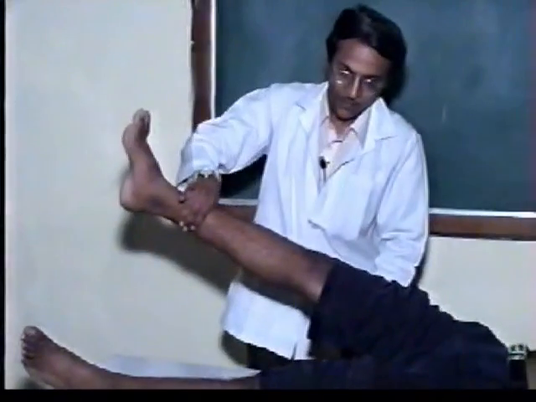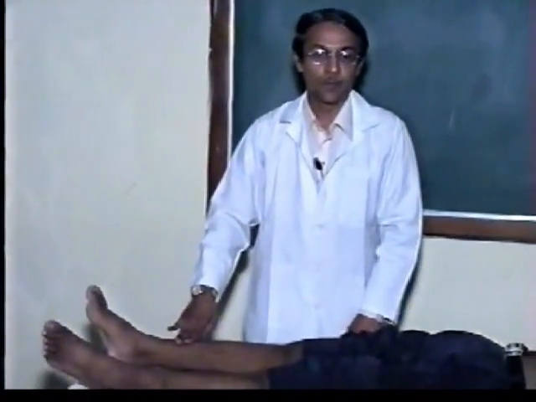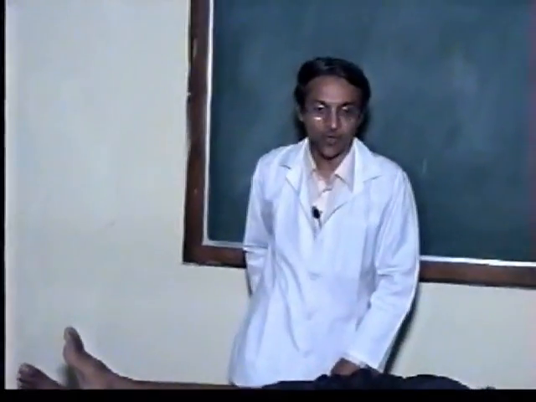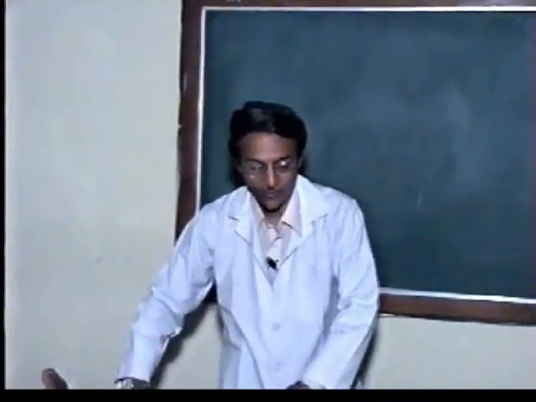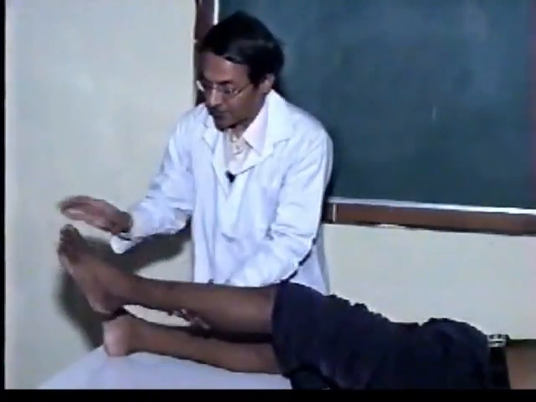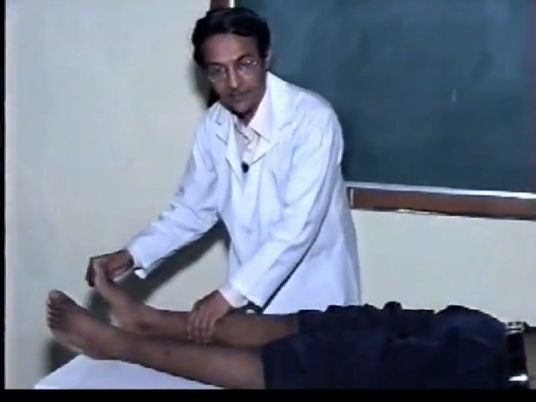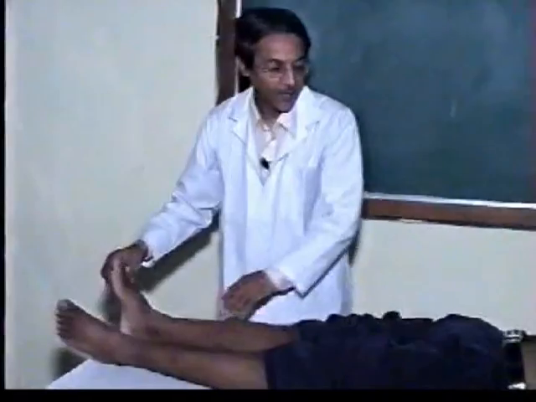This is the examination of power of the muscles. In central nervous system examination, we are examining the motor system. In the same manner, power of the extensors of the hip, flexors of the knee, extensors of the knee can be compared. Even plantar flexors and dorsiflexors of the foot can be compared.